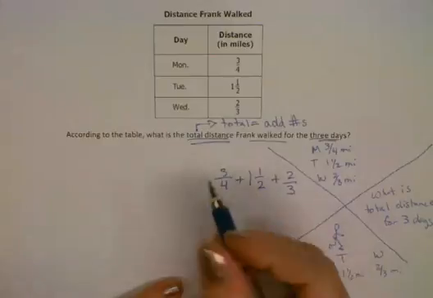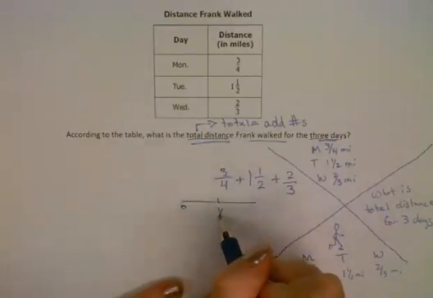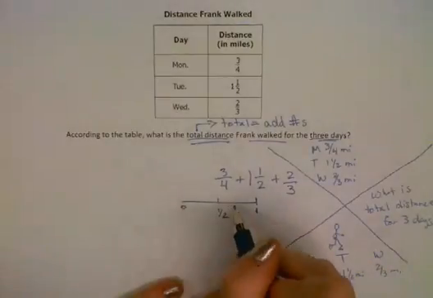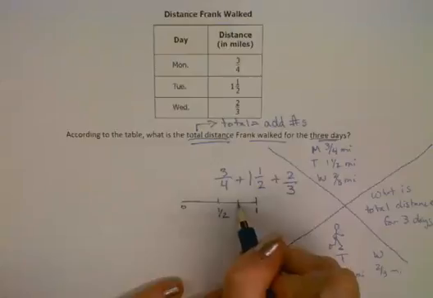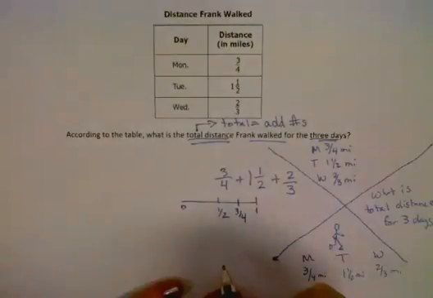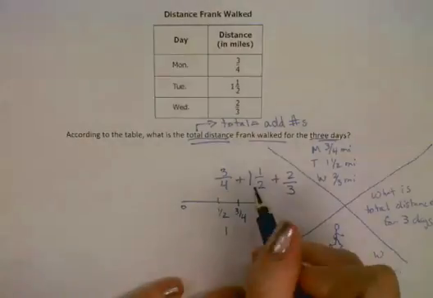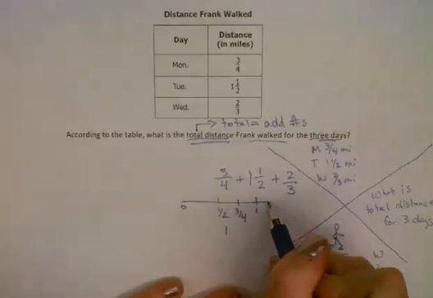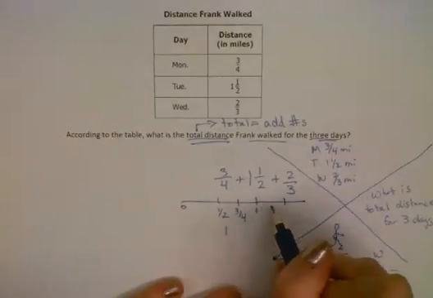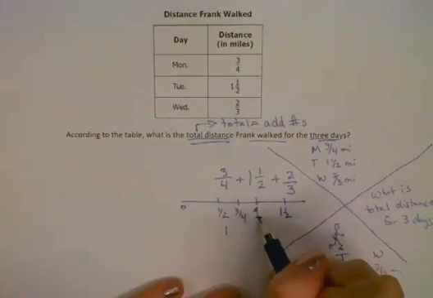3/4, if I was thinking about a number line, 0, 1/2, and then 1 whole, I know 3/4 is bigger than 1/2. It's about here. So I'm going to estimate and call that 1. It's closer to 1. Now 1 1/2, I have to stretch all the way over here to put another 1 1/2, because this is already 1 whole right here.